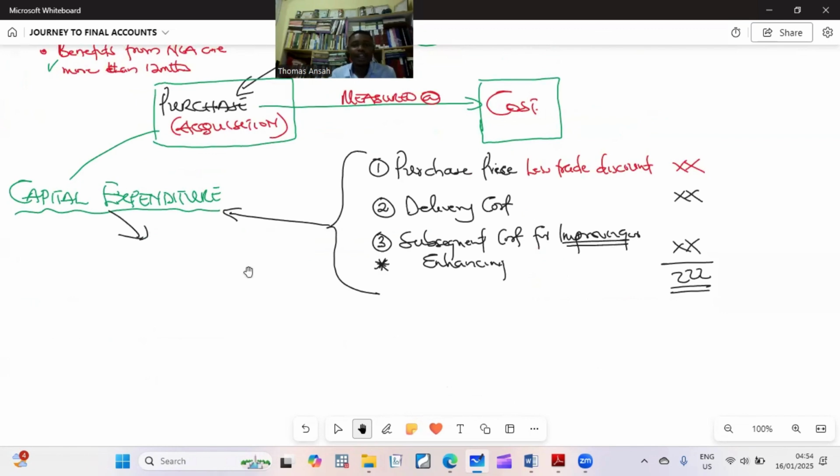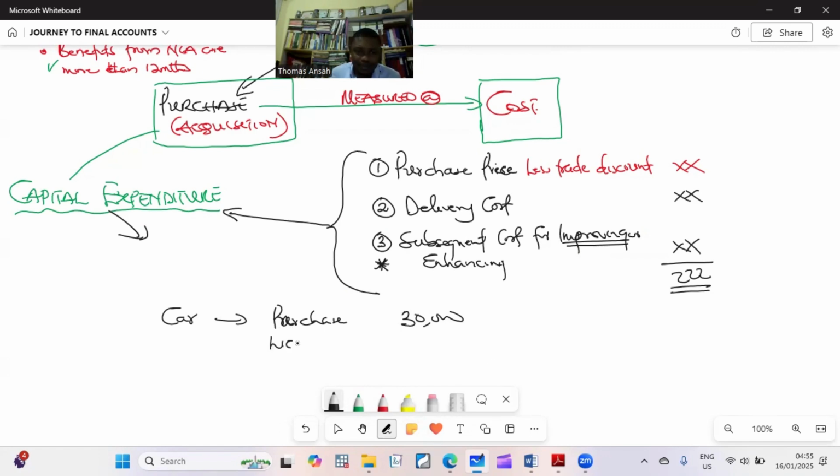And another thing that is dicey here is that, for example, and I'm going to cite some example with this. When you buy a car, you have the purchase price, let's say 30,000. You have to license the car and you have to do insurance. Let's say together these two is 5,000 Ghana cedis.